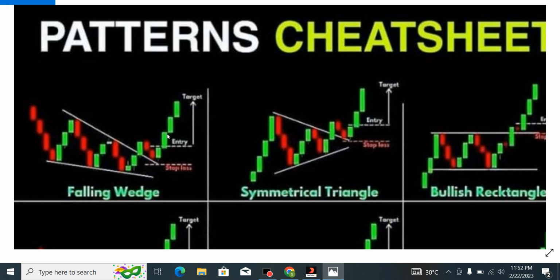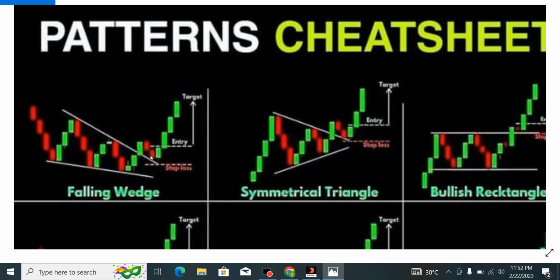Now where is going to be your entry point? After the first bullish candle right here has closed, you can go in and buy right from the second candle. You can put your stop loss somewhere below that candle.